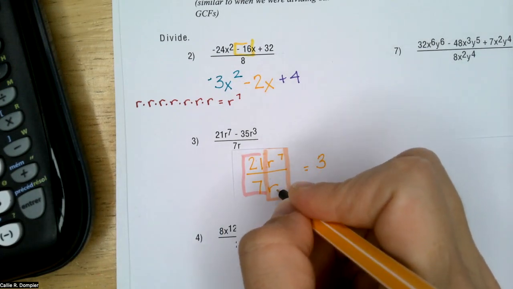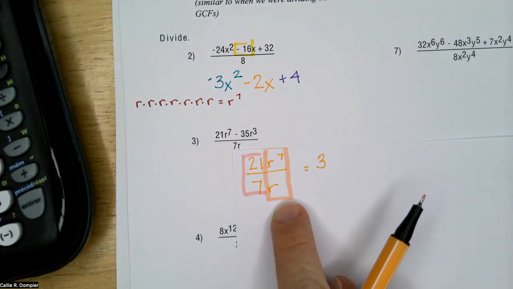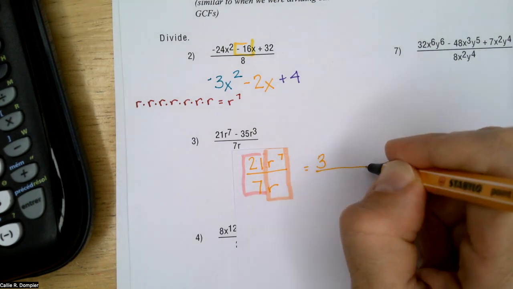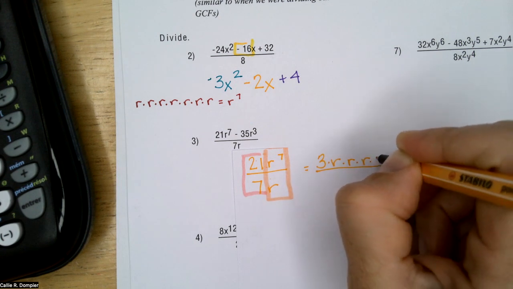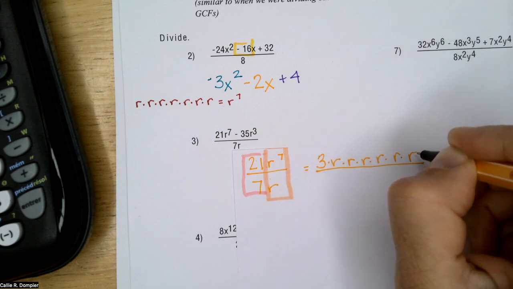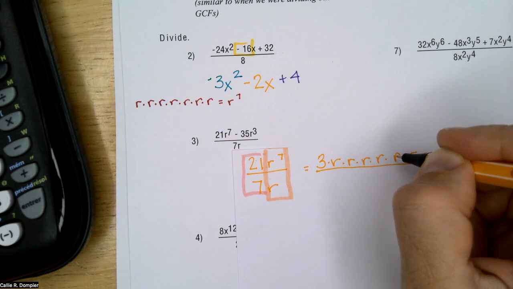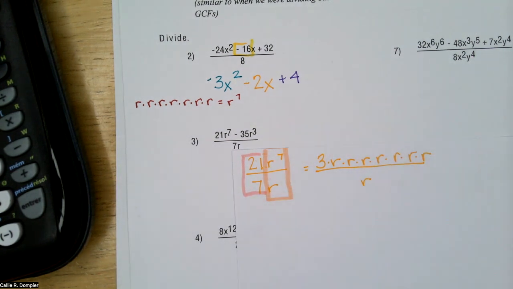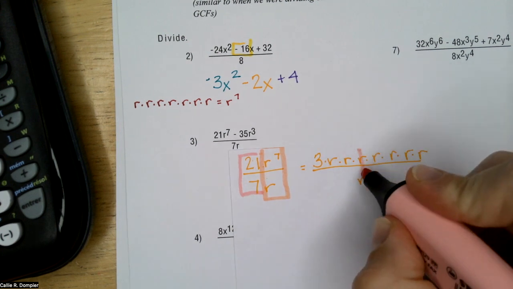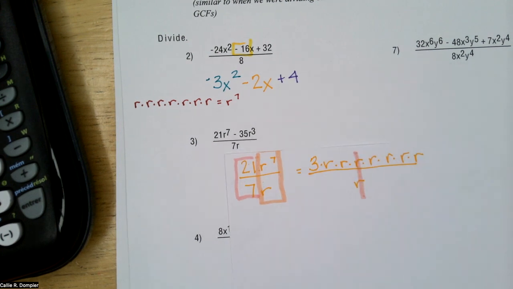And then r to the 7th divided by r is, like we said, we have 7 r's, and down here, we just have r. So what I can do is cancel one of the r's.